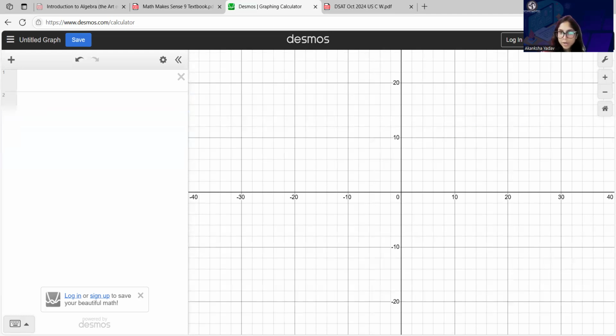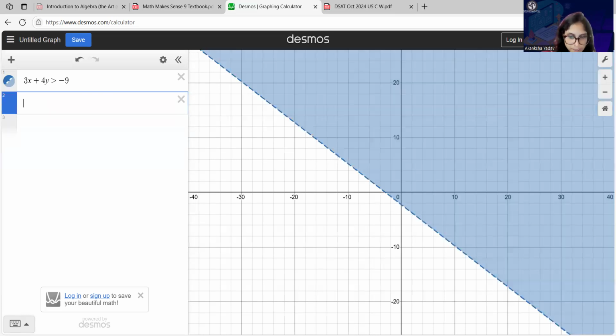And now in a system of inequalities also, you write all the inequalities and then you see the common shaded area and whatever inequality satisfying, you work with that. I'll also give an example of that. Let's say we have two different inequalities, 3x plus 4y is greater than -9 and x minus y has to be less than 8.